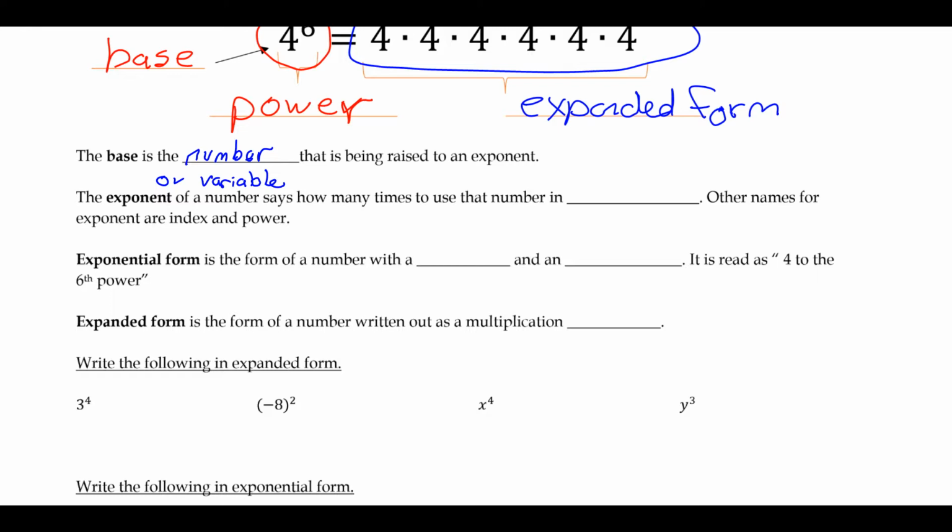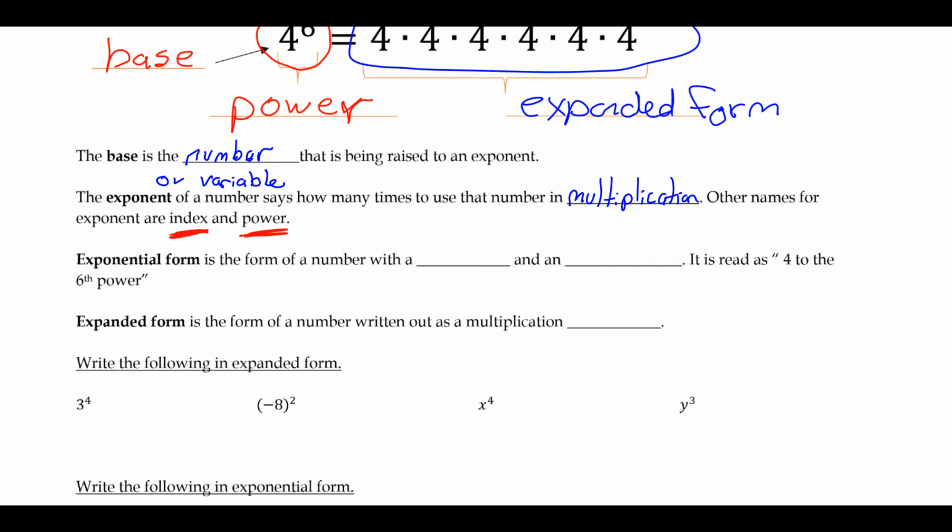It's that number underneath. That's your base. The exponent of the number says how many times to use that number in multiplication. Other names for the exponent, again, we kind of talked about this already, you might call it the index, or you could even see it used as the power as well, but just know that we'll always refer to it as our exponent.